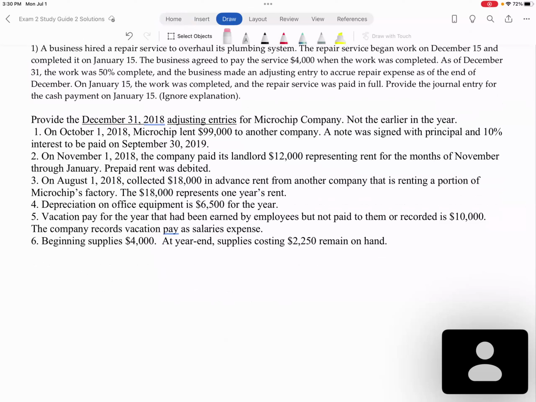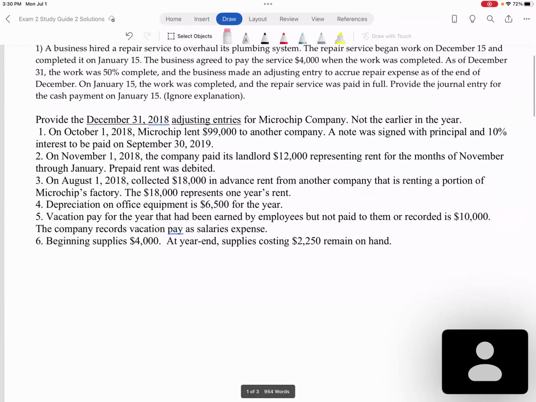We just did depreciation. This vacation pay one, this one would be like salaries expense. Okay, like this rent one.